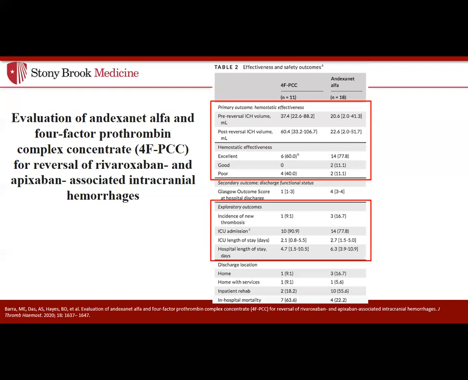So this was something to show that, because it came out because of the fact that Andexxa was so expensive, this still shows that 4-factor PCC is a valuable and valid reversal agent that still can be used, because the hemostasis that was achieved was pretty comparable, and the incidence of adverse events was less in the 4-factor PCC group.